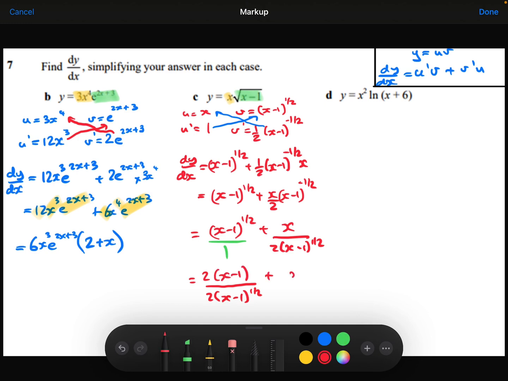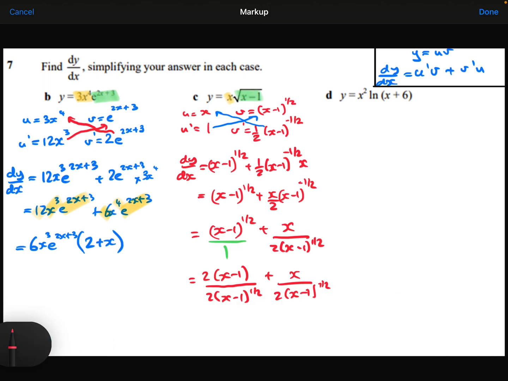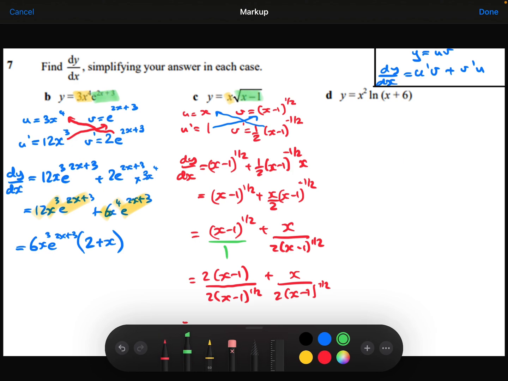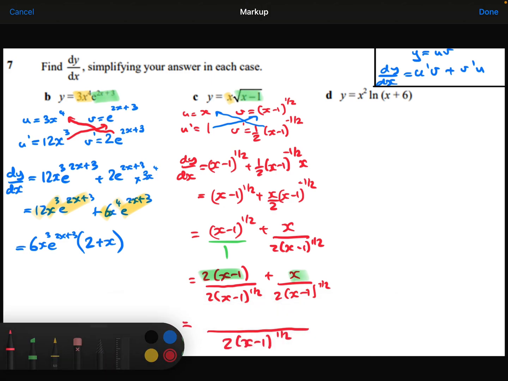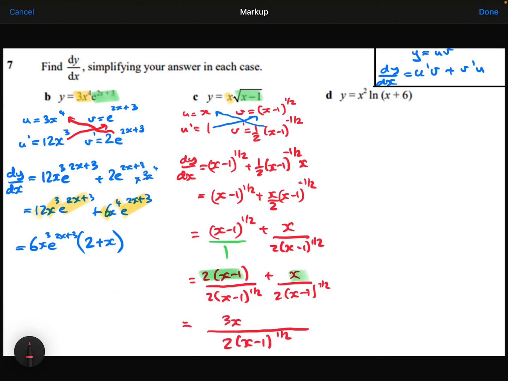Because the powers of 1/2 add together to give me a power 1. I've now got a common denominator, so I can add these two things together to be a single fraction. I can expand those brackets to get 2x minus 2, plus the x is going to be 3x minus 2. And that is how I'm going to leave my answer.